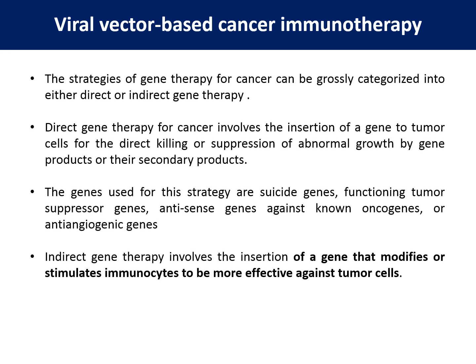The genes used for this strategy are suicide genes, functional tumor suppressor genes, antisense genes against oncogenes, or anti-angiogenic genes. While indirect gene therapy involves the insertion of a gene that modifies or stimulates immune cells to be more aggressive or effective against the tumor cells.